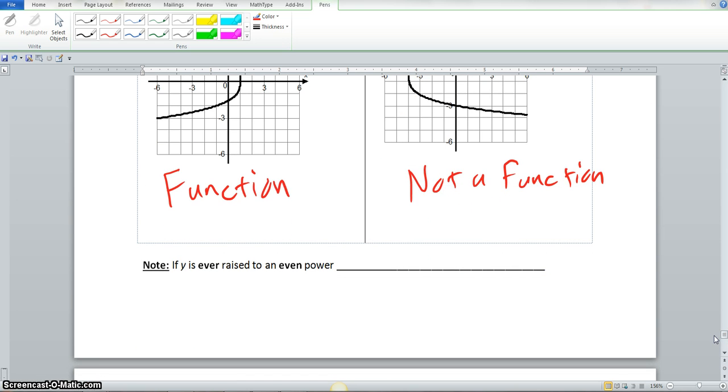Now, note, if y is ever raised to an even power, now we know our even numbers are 2, 4, 6, 8, 10, 12, and so on, then it is not a function. Automatically it is not a function if y is ever raised to an even power.